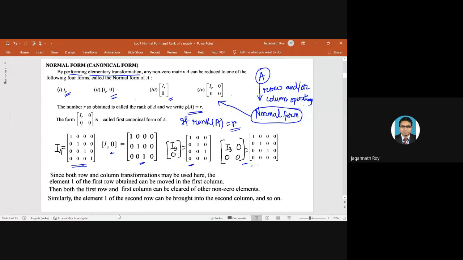Now at the end of this session, we will try to relate what REF is, then RREF, and then the normal form. Okay.